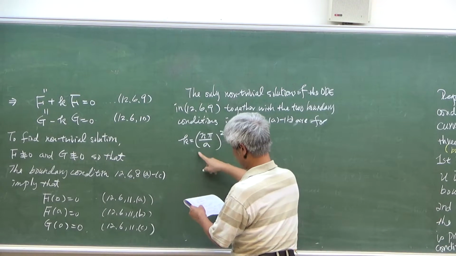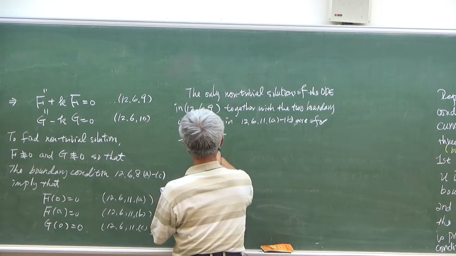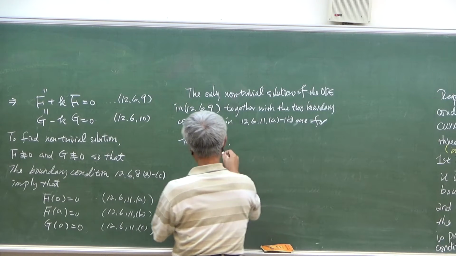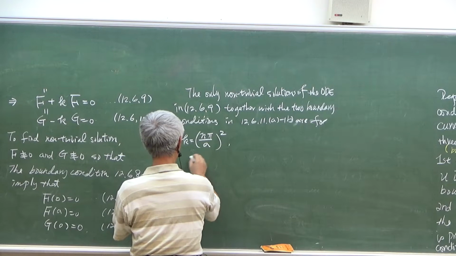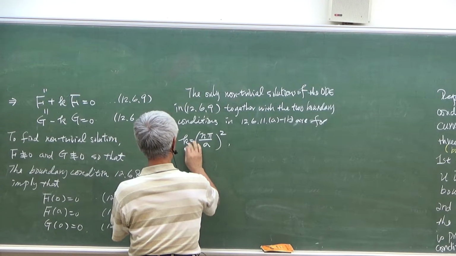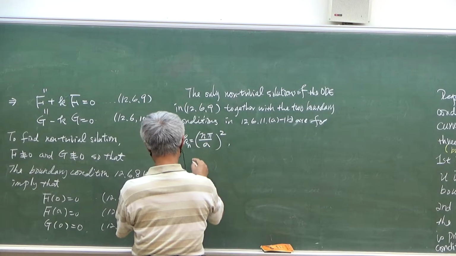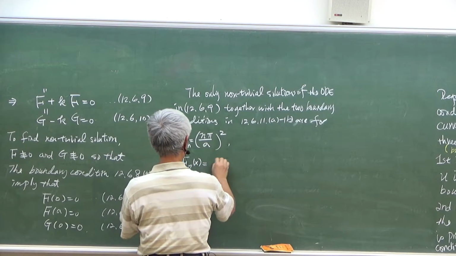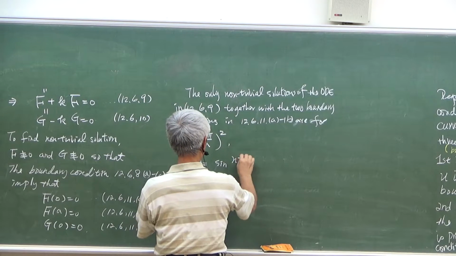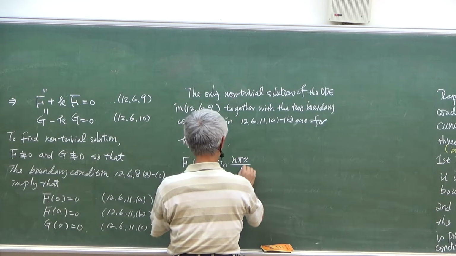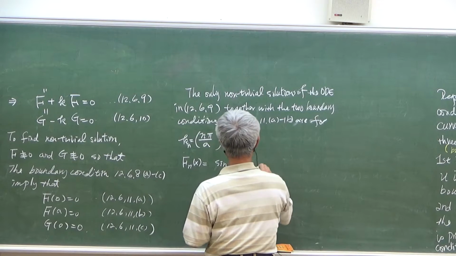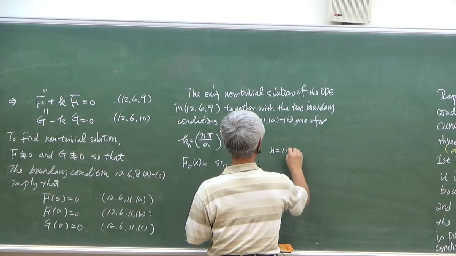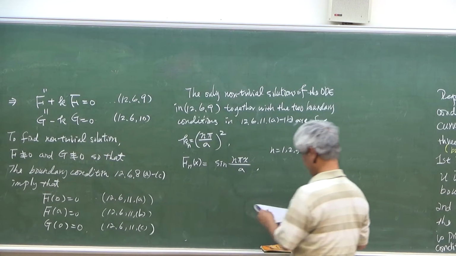So when k is equal to n pi over a squared, then we have f of x equal to sine n pi x divided by a, for all n equal to 1, 2, 3, etc.